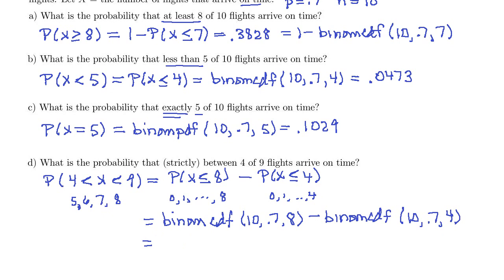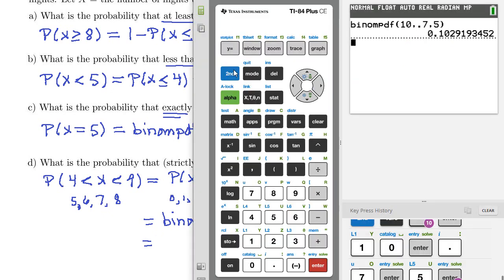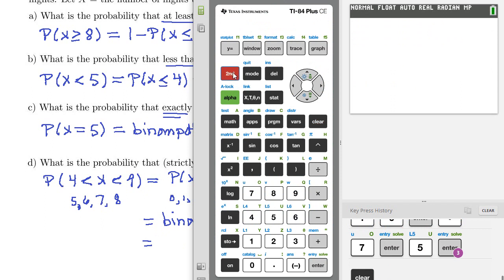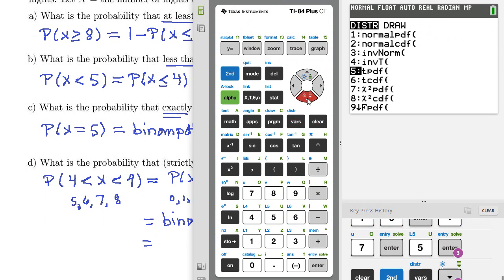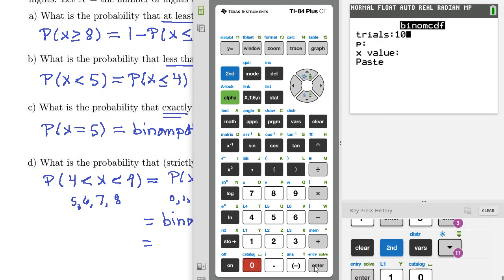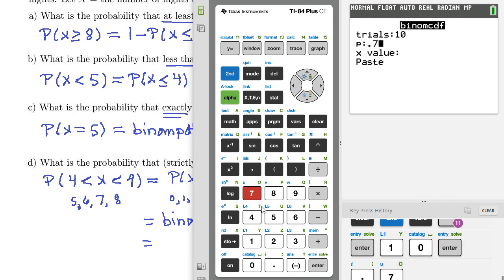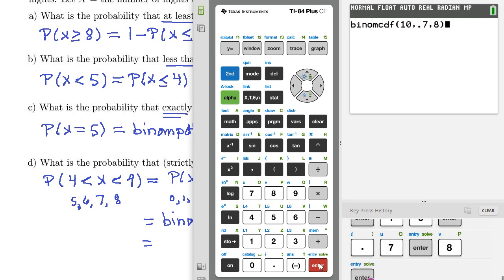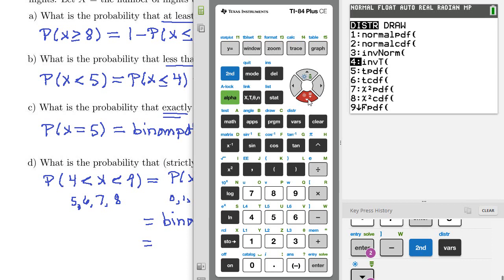Let's go ahead and key that in. So second variables down to binomial CDF. And trials are 10. p is 0.7. And then our X is, to start with, 8. Press enter, enter again to paste, and then we're going to subtract. Go to binomial CDF again, so second variables.